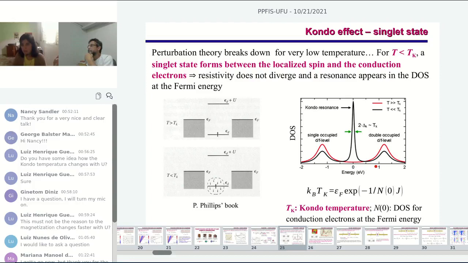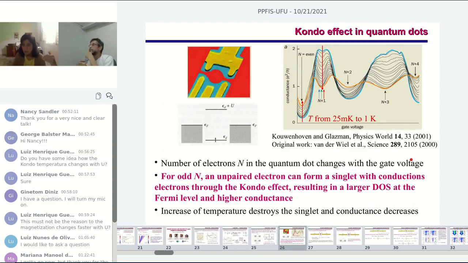I'm telling you about the density of states so that we can understand the next result. This is a much more recent result. There was a renewed interest in the Kondo effect because it was seen in quantum dots. So we can go to the lab. We can confine the electron movement, for example, into a plane.